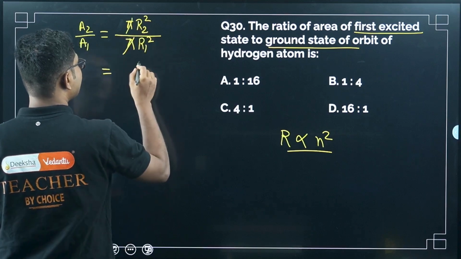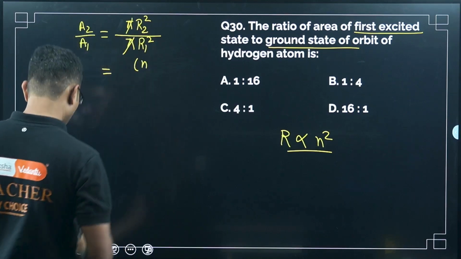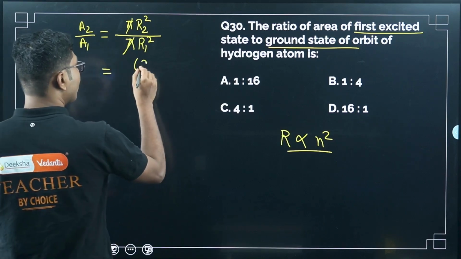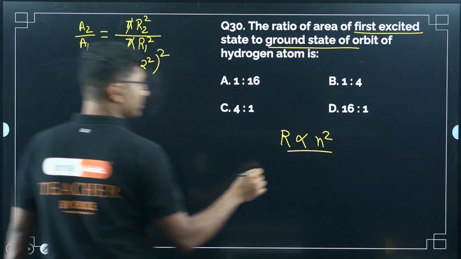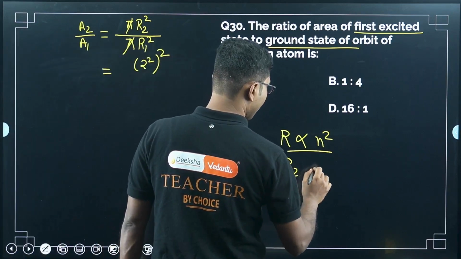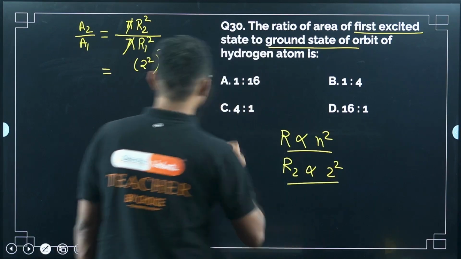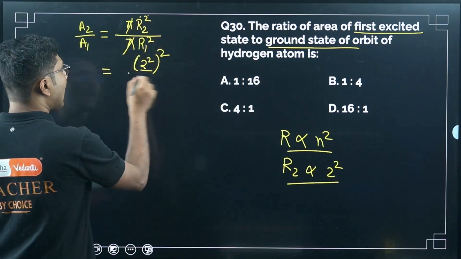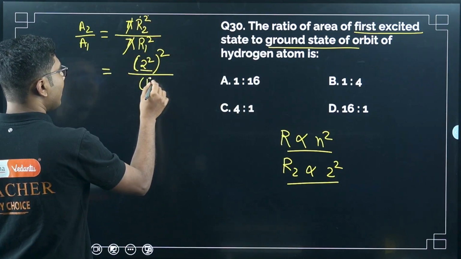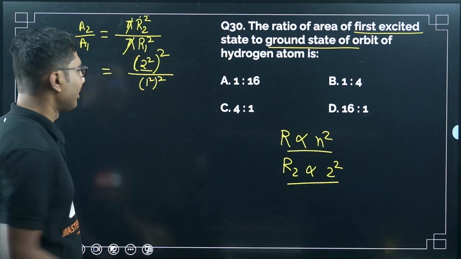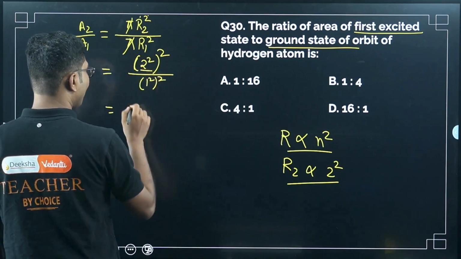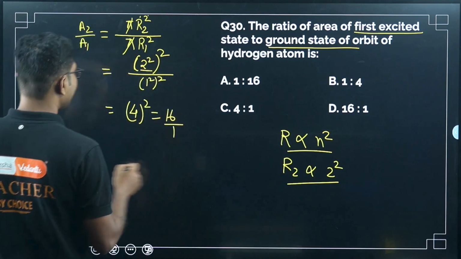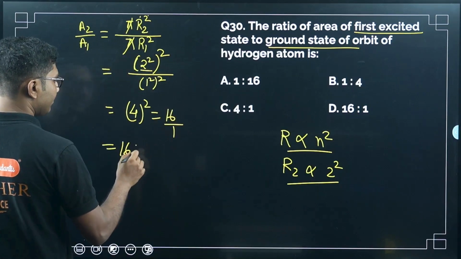So pi cancels, and for n equals 2 it will be 2 square, whole square. So instead of r2 we have put 2 square, and there was a square of its own, and the ground state is always easy. Whatever it is for the ground state, it will always be 1, right? So it will be 4 whole square, that is 16. So 16 by 1. So the ratio is 16:1.